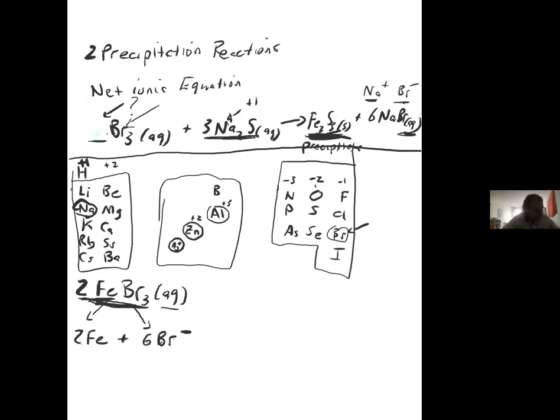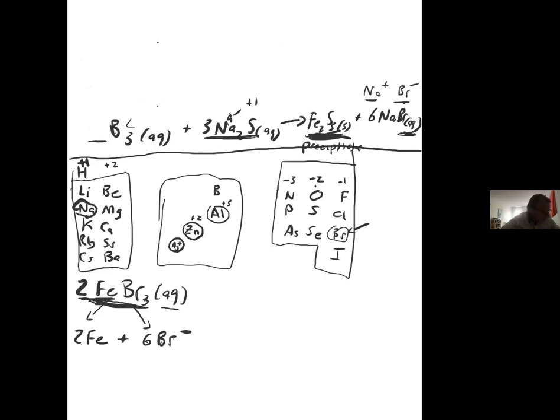I'm going to erase this part up here. I mean, technically it's algebra, right? So you've got 2 irons. We don't know what their charges are; we're trying to figure that out. But we do know that the bromine is -1, and there are 6 of them, so 6 times -1. So 2 irons, 6 bromines. They've got to add up to 0 because it's a compound.